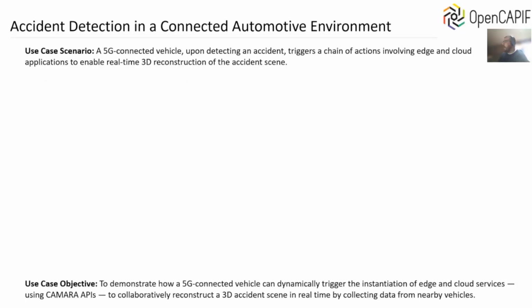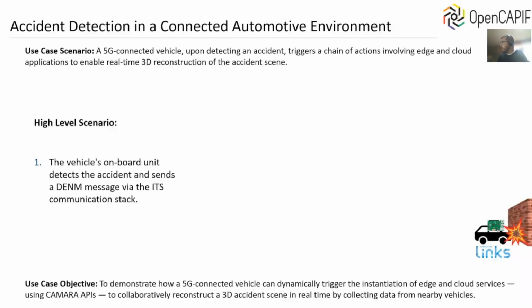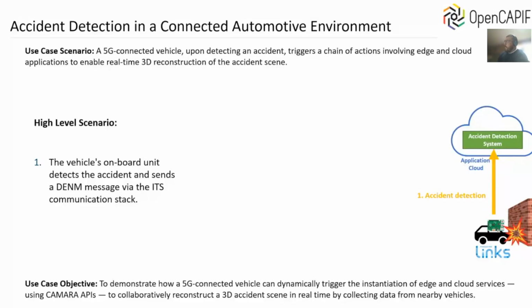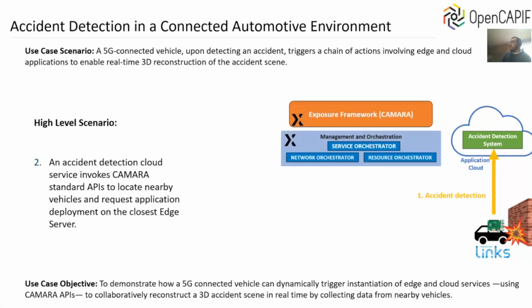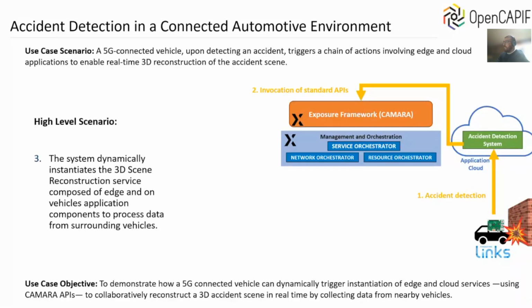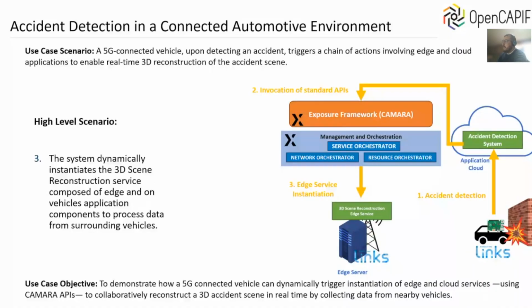The scenario: we have 5G connected vehicles that, as soon as they detect an accident, send a message to a cloud service. Through the exposure framework, this cloud service invokes some management and orchestration APIs through CAMARA to instantiate a service in an edge server, and this service is in charge of reconstructing the 3D scene of the accident.